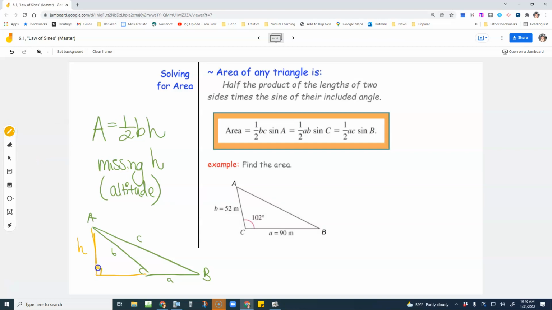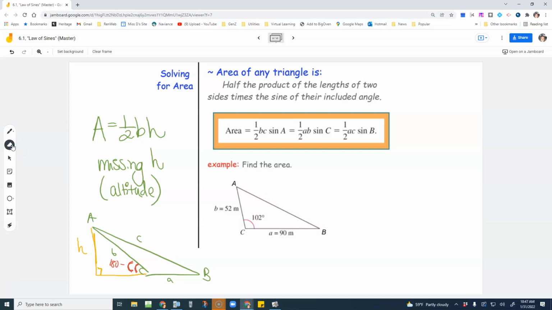So if I wanted to find this little guy, I would need to think about whatever this angle is, which I could think of as 180 minus, who's this guy? Angle C. I could think about this little guy as 180 minus C because C is the little guy that's on the inside.